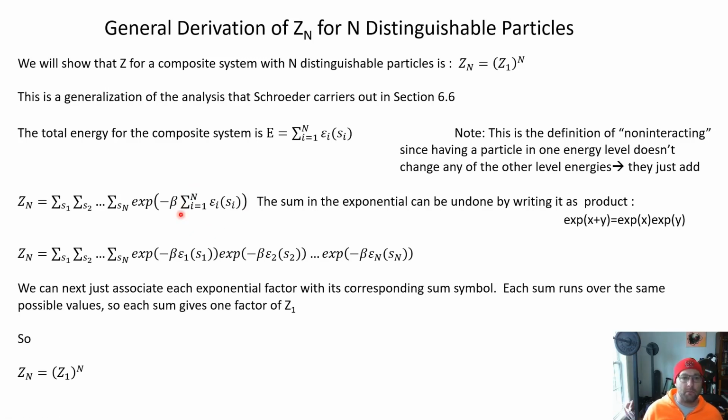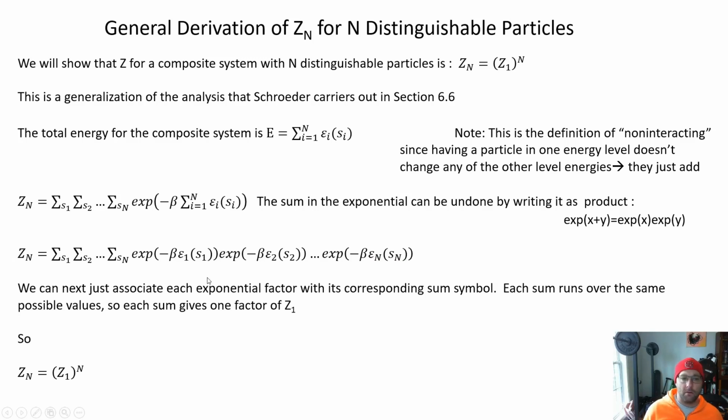So the nice thing is that because we have a simple sum in the exponential, we can break it down into a product, right? So e to the x plus y is equal to e to the x times e to the y. And so the composite partition function is the sum over all the possible s sub i's, that's a multiple sum right there, of the product of e to the minus beta E sub 1 of s sub 1, etc., all the way to E sub n of s sub n.